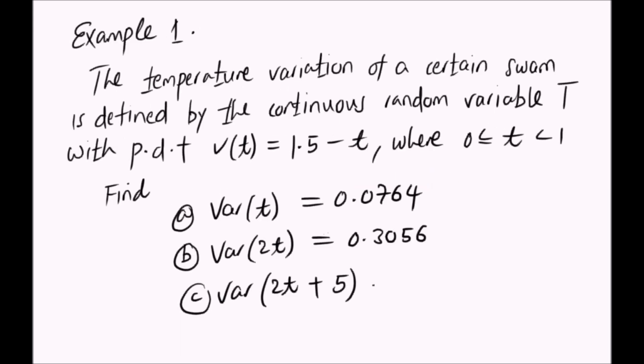So that's part C. Part C, the answer is 0.3056. So this part C and part B, they're the same. Part A done. Let me say see you in the next tutorial.